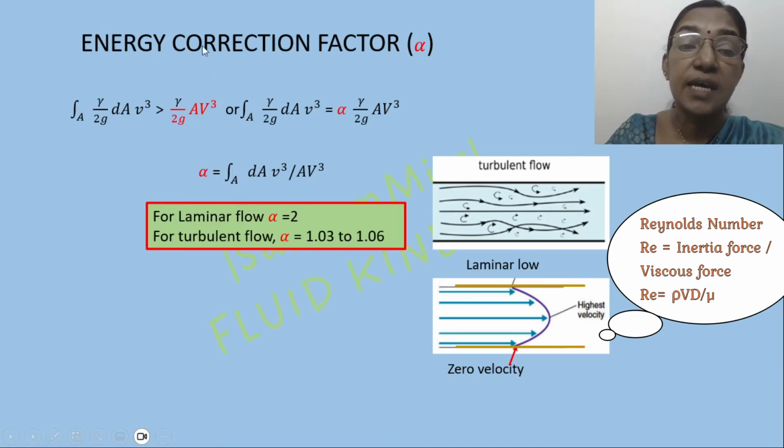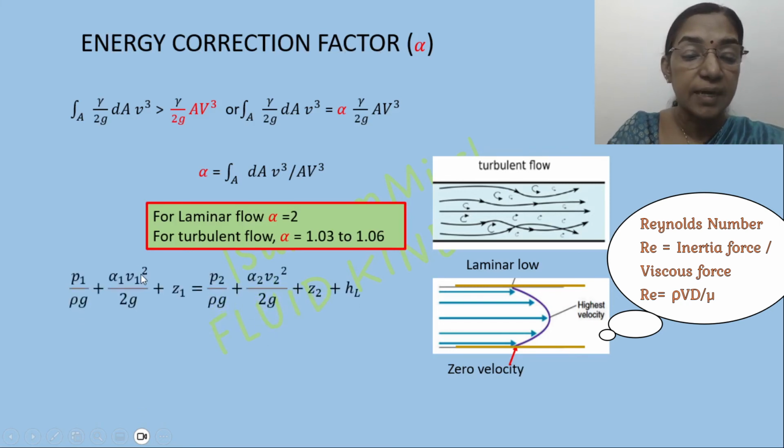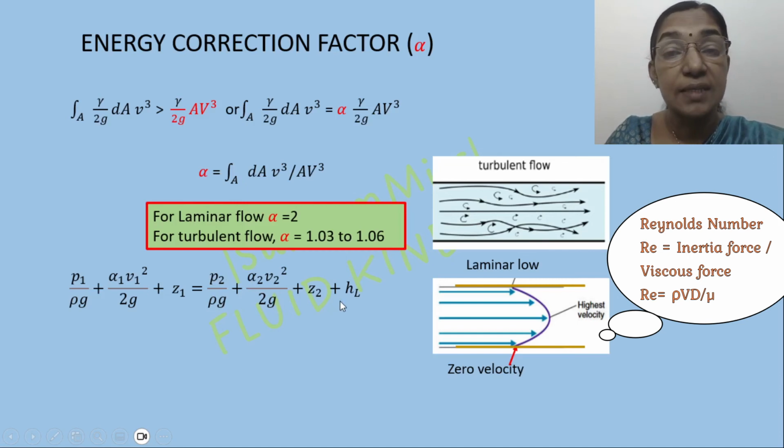If you account for this energy correction factor alpha, then Bernoulli's equation can be written as P1 by rho g, the pressure head, plus alpha 1 into V1 square by 2g plus Z1, equal to P2 by rho g plus alpha 2 into V2 square by 2g plus Z2 plus HL. That is, total energy at section 1 equals total energy at section 2 plus HL, where alpha 1 is the energy correction factor for section 1 and alpha 2 is the energy correction factor at section 2.